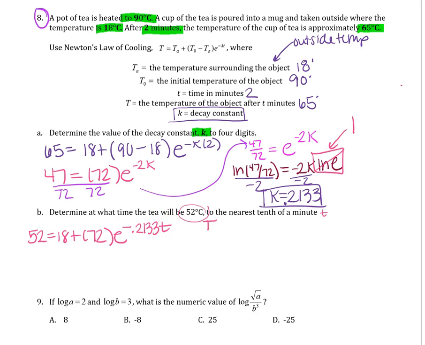Okay, so subtract 18, so I get 34. And then divide by 72.